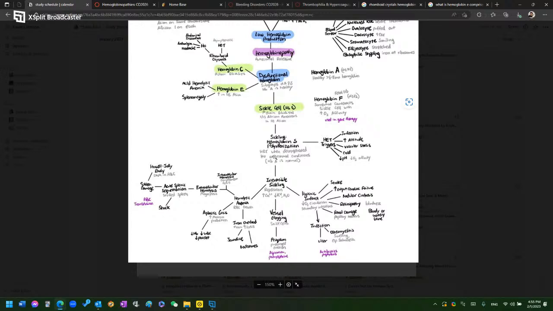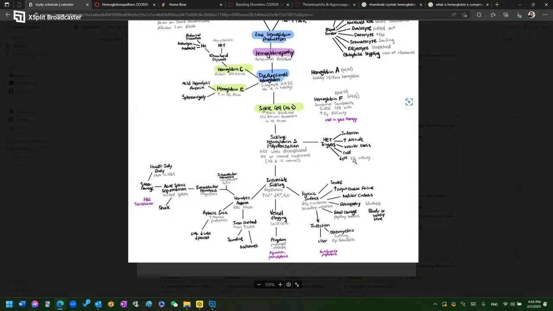Right? So in a very serious case, this polymerization happens all the time. In a less serious case, it'll happen when you have an insult. So if you're a heterozygote, then an infection might increase it.